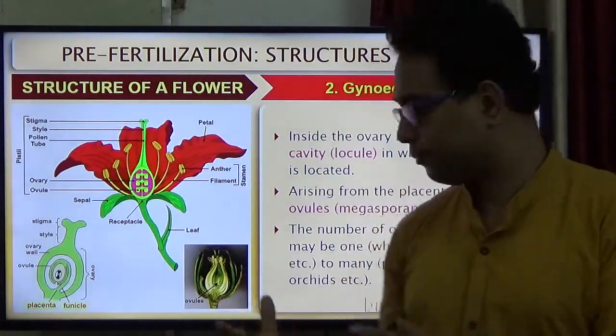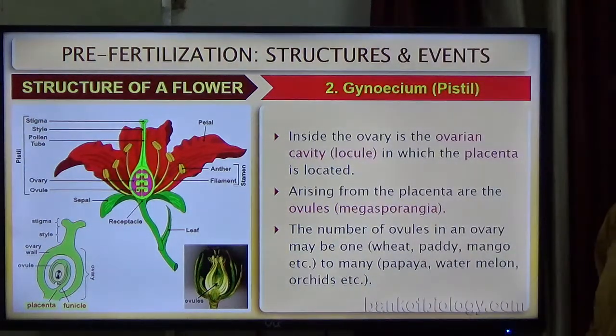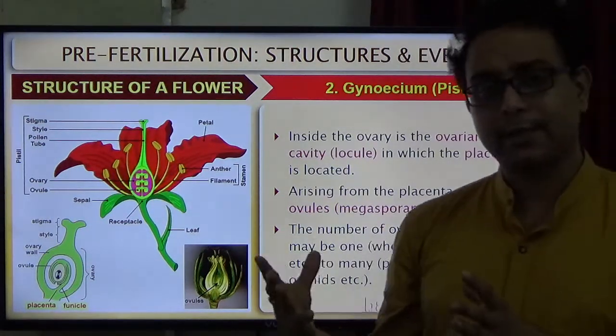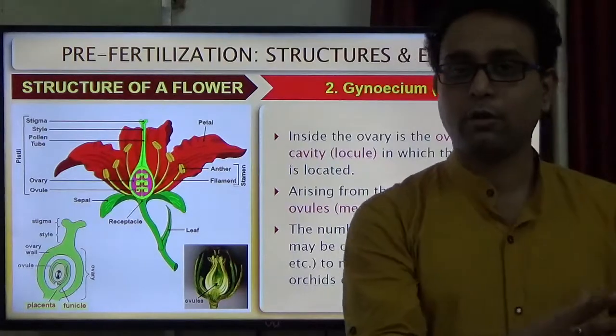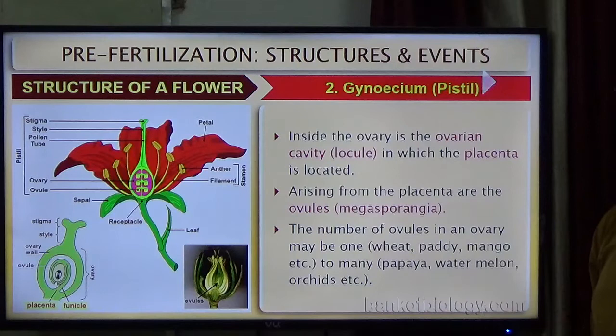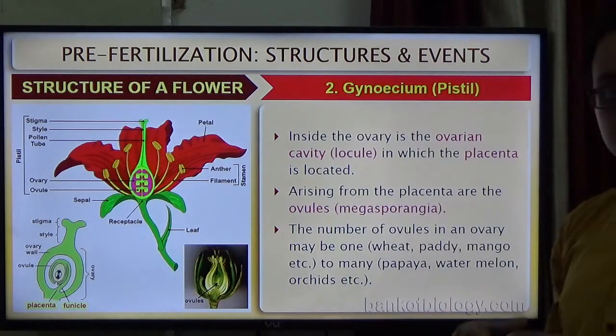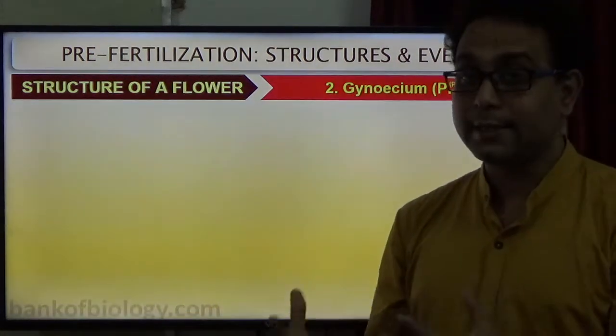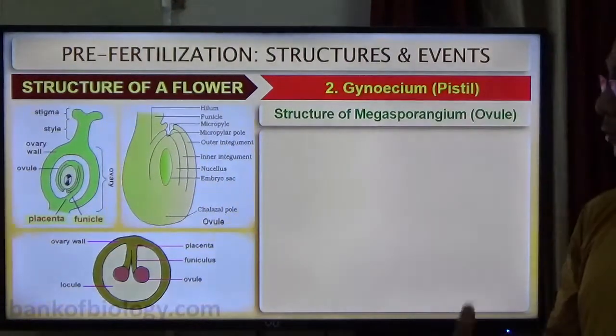But watermelon, papaya, and orchids have many seeds, so they also have many ovules. That is the most important part. Not a single ovule is present, maybe many inside the ovary depending on the plant.